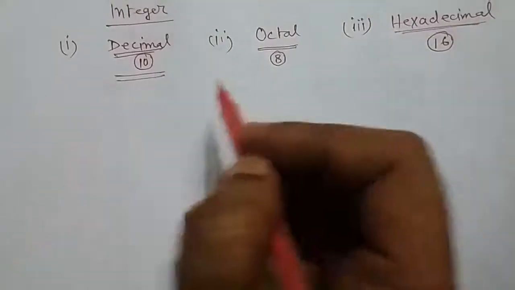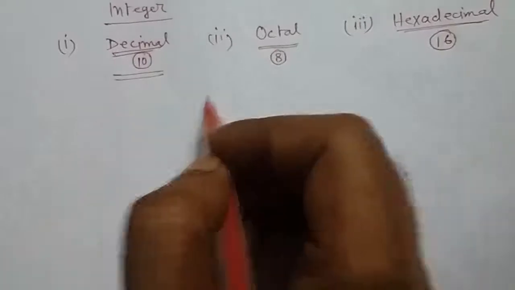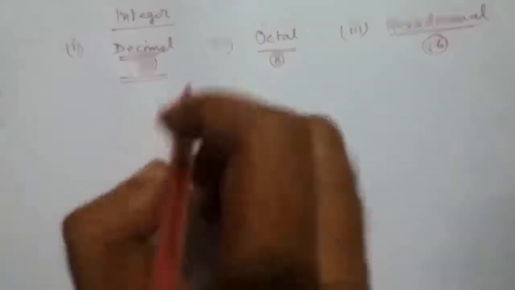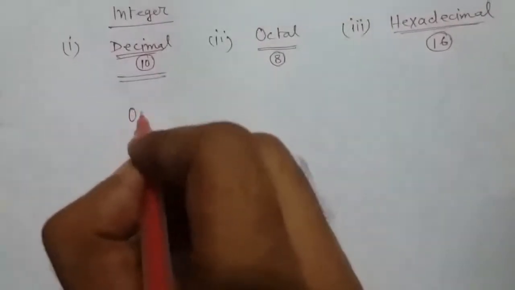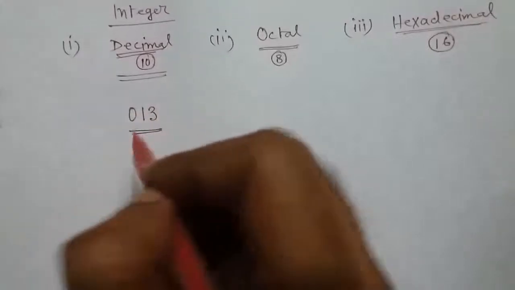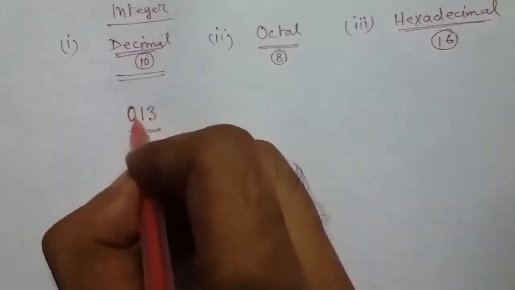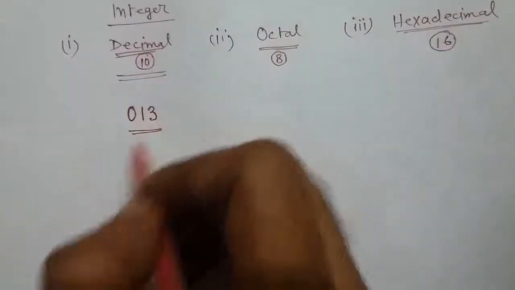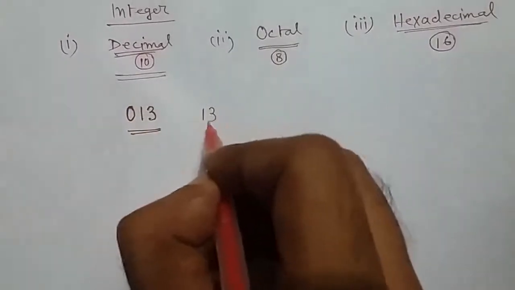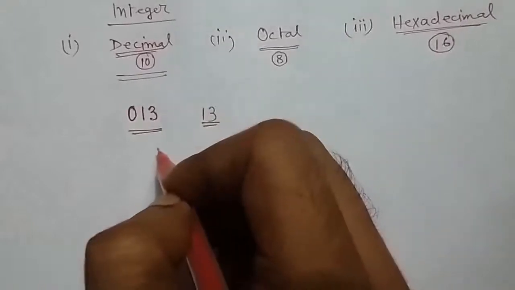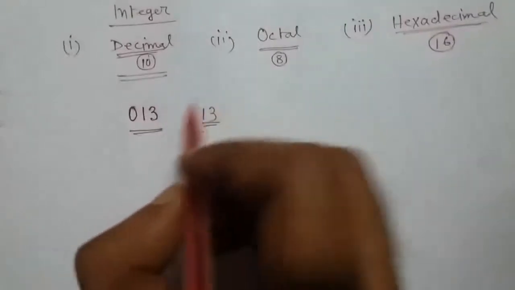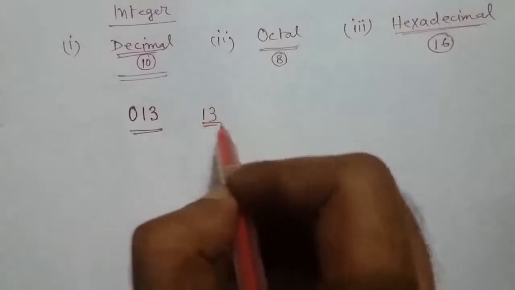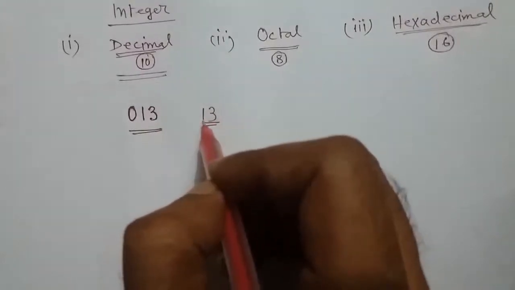That means for decimal integers, we cannot write 0 at the beginning. I cannot write 013. Though 0 is a decimal digit, I cannot write 0 at the beginning of this 13. I have to write 13. So digit 0 cannot precede the integer value.